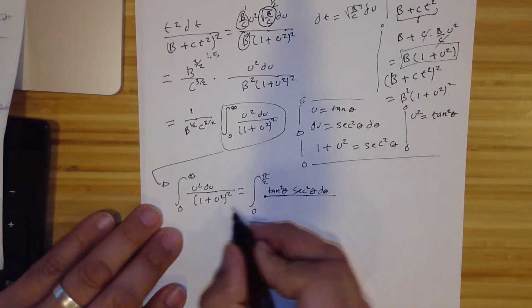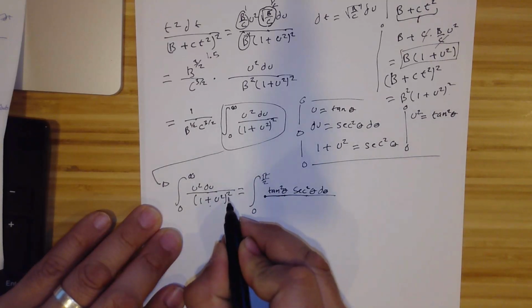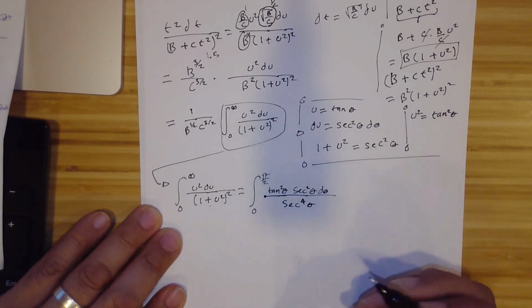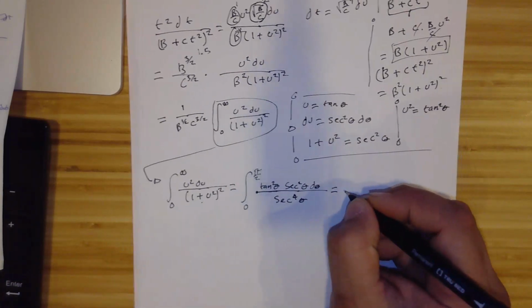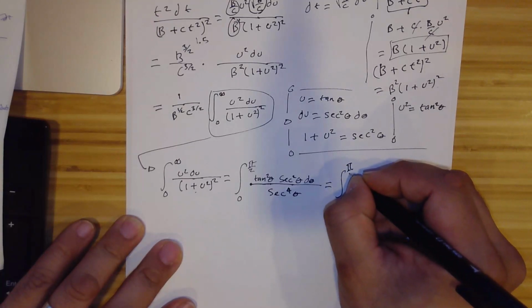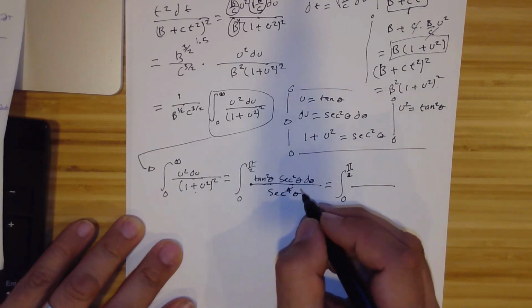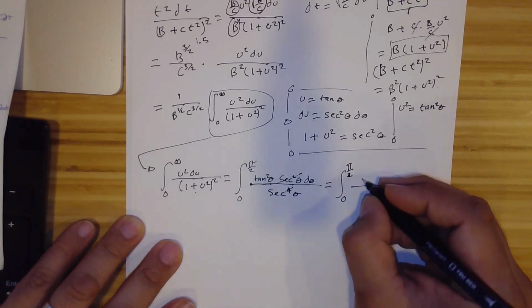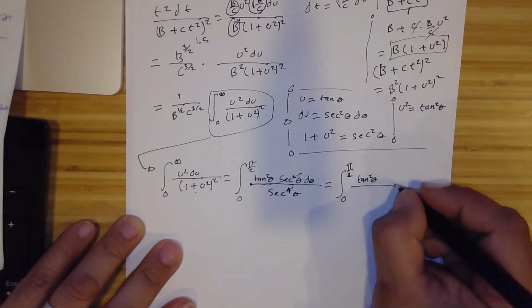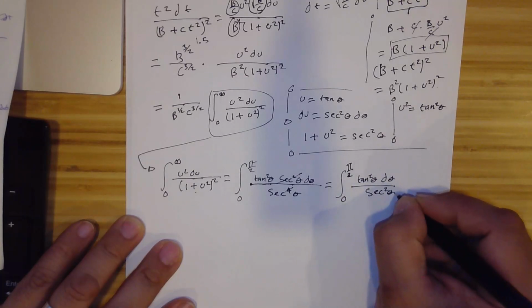Okay, and below we'll have this part squared twice, so we will have secant to the fourth of theta, from 0 to pi over 2, and then I can cancel the 2 from here and these 2, and I will have tangent squared of theta d theta over secant squared of theta, right?